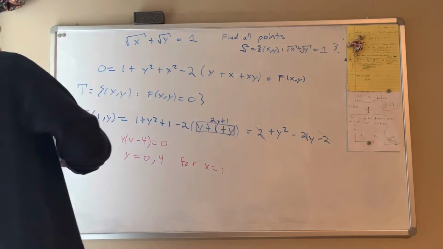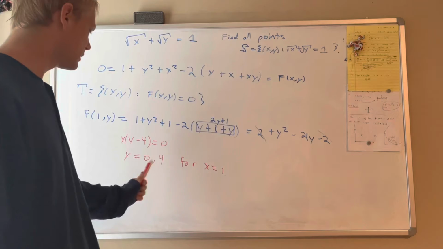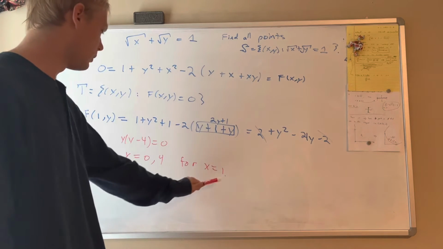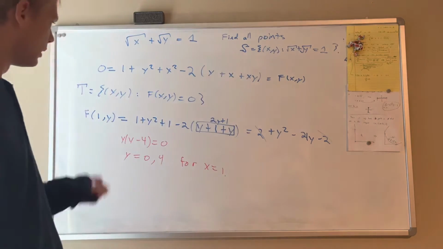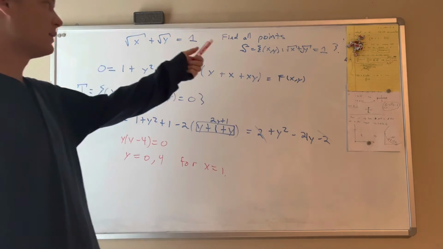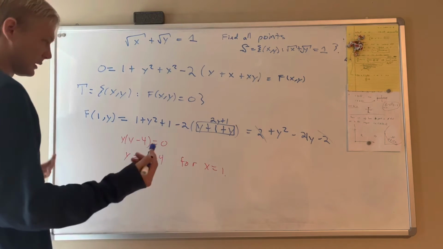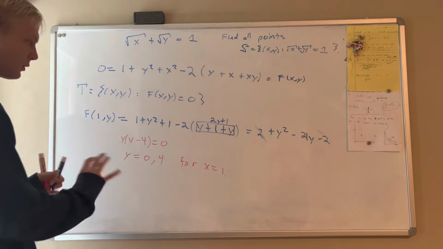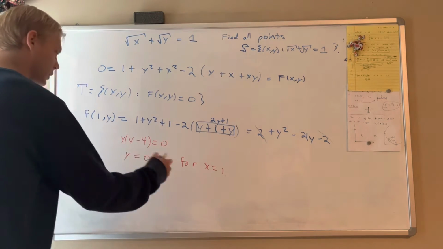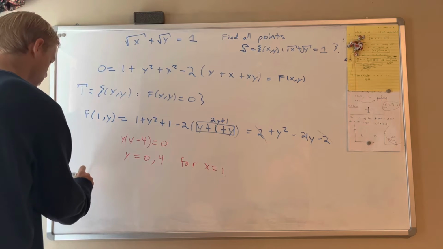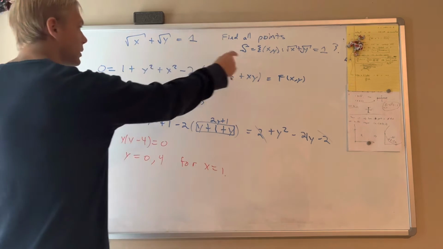So we plug that back in, or we check if these two points, (1, 0) and (1, 4), are in S. That's the same thing as, let's check a point in T and see if it's in S. Is that the case? That is not the case, but let's see if it works for both of them, or one of them. For (1, 0), is that a solution to this, or is it in S?